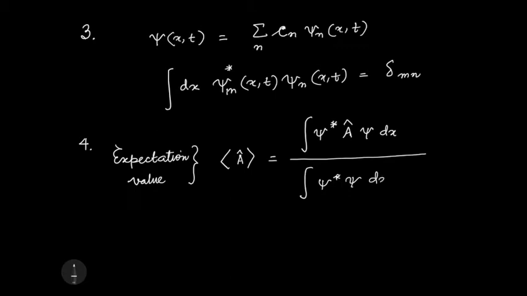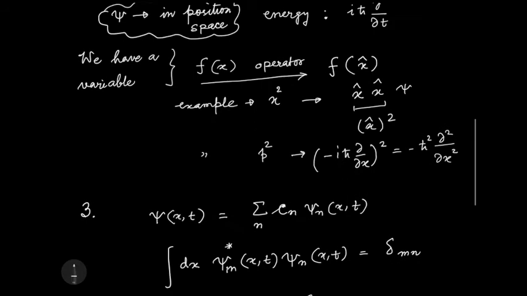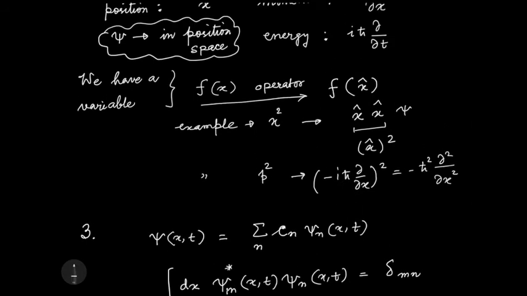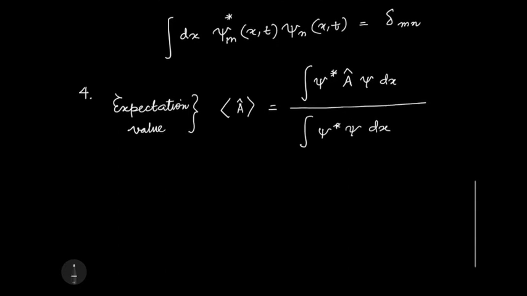Let me repeat again. And psi is a function of x and t both, I am not writing it explicitly. So this is the average value, and we have just learned that if I want to calculate the expectation value of x square, all I do is A cap square.